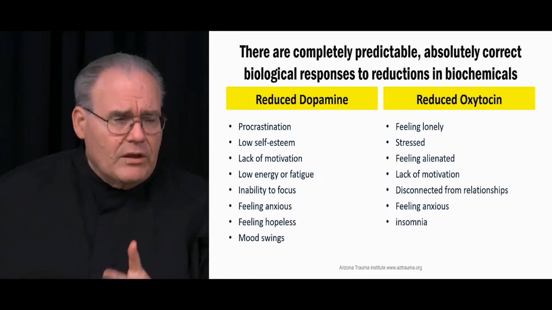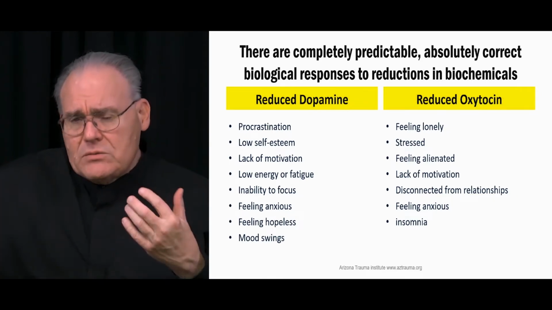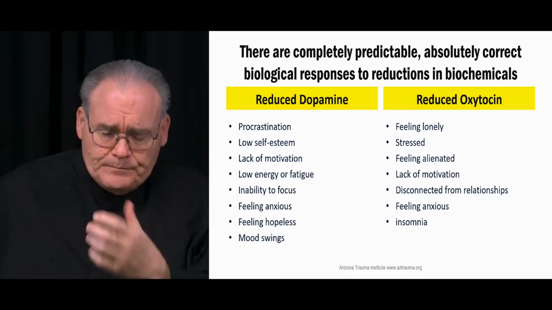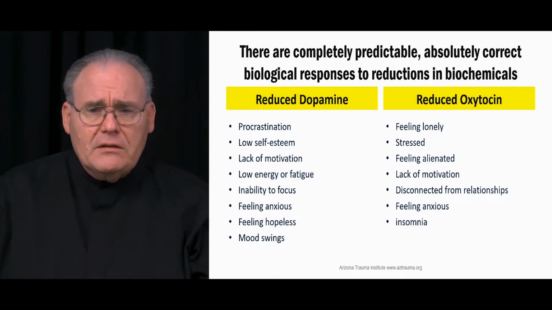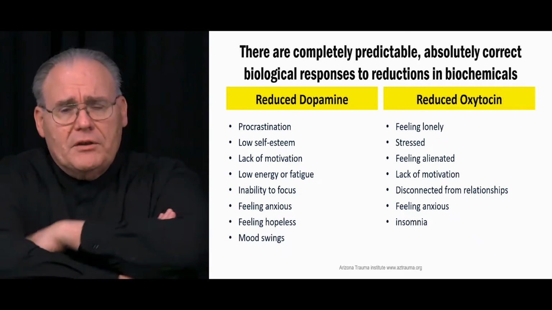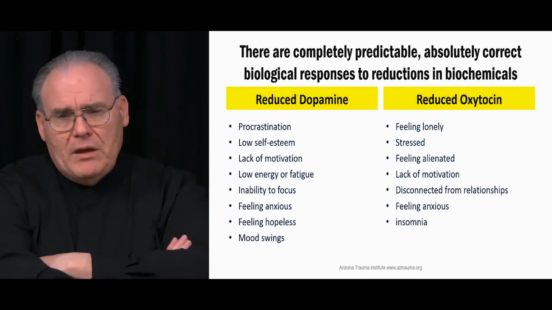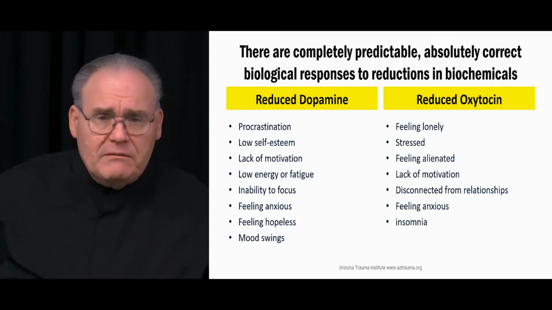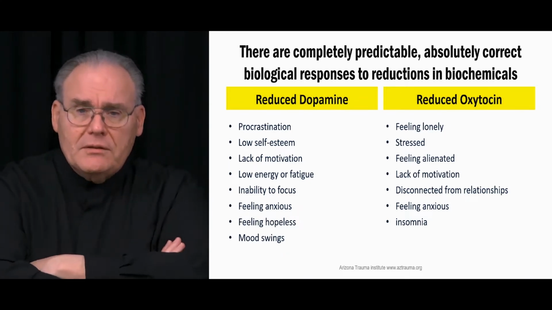Then if we go to oxytocin, what happens when it's reduced? People will feel anxious, they will have trouble sleeping, they're going to feel alienated. What do I mean by that? They can be in a room full of people and feel absolutely alone.